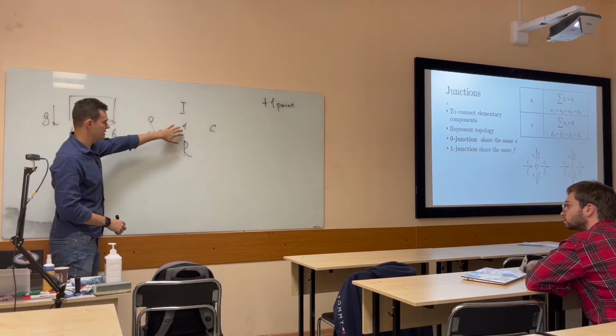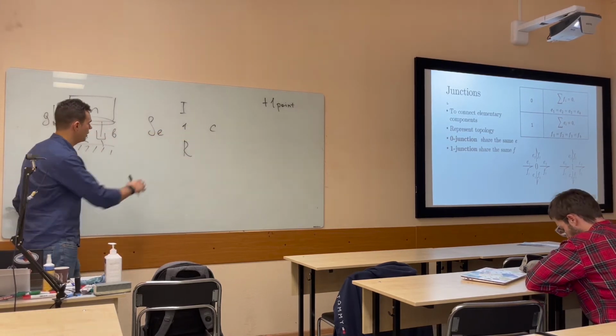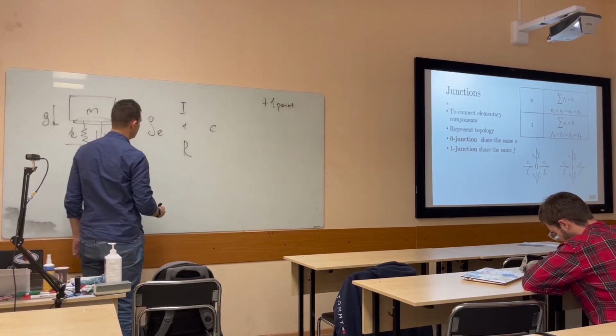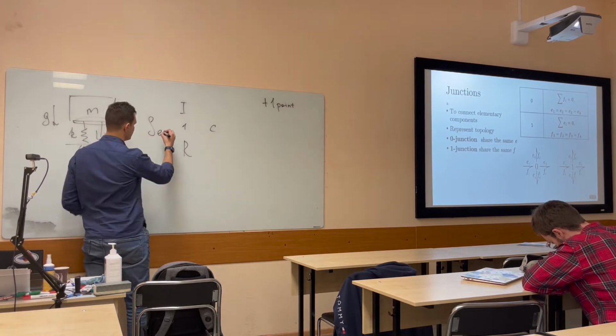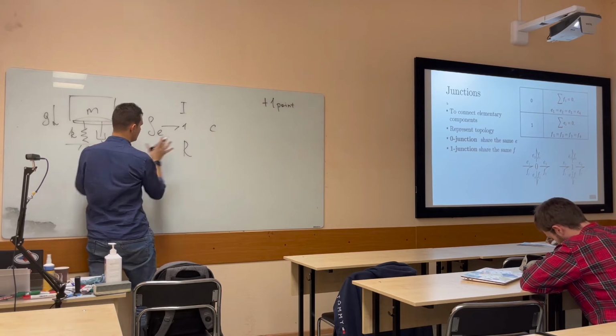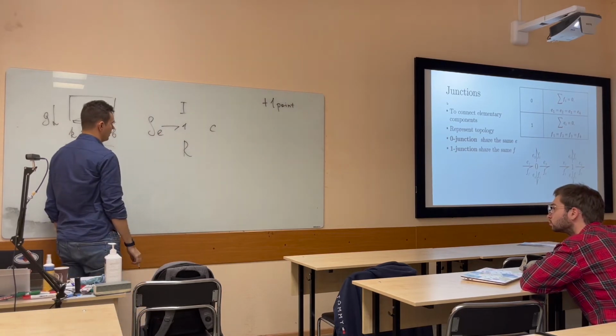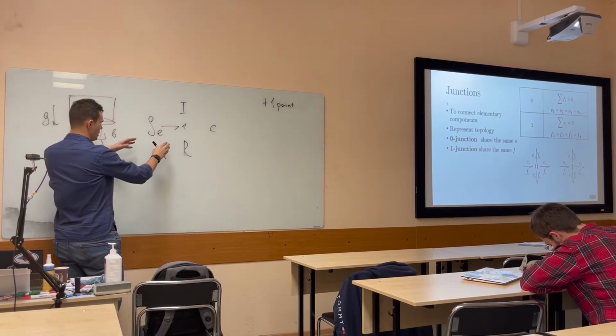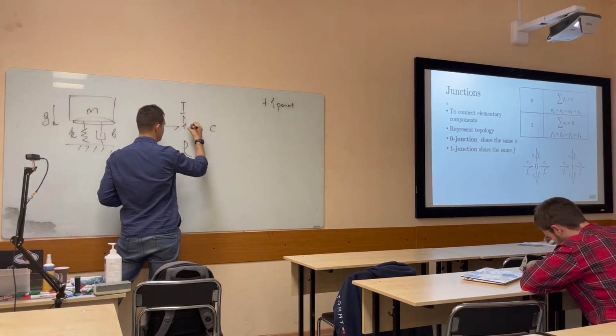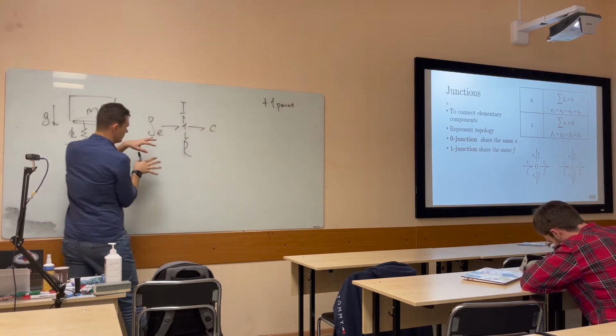So they have the same velocity. This one we put here. So we have a source of effort, and we send all the power to this junction, and power goes to all the elements.